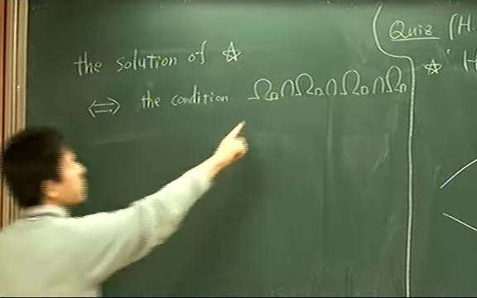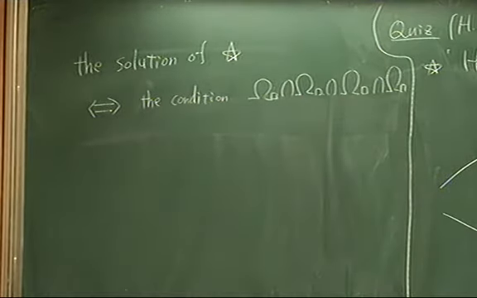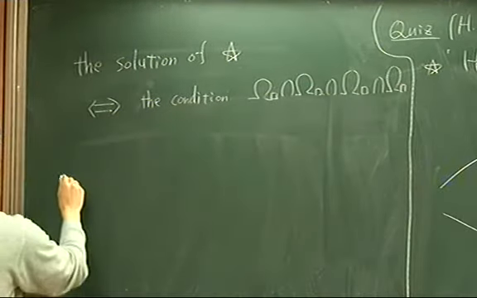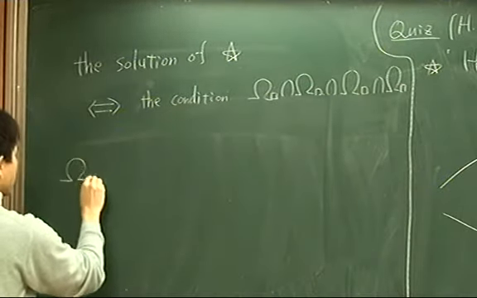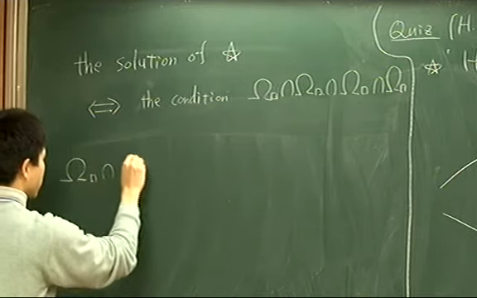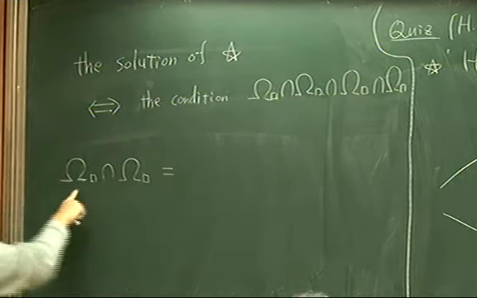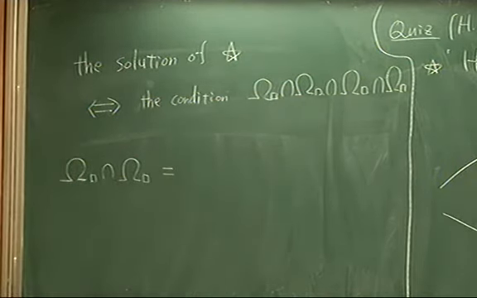So how do we calculate this condition? For example, this means a line is intersecting a given line and another given line.